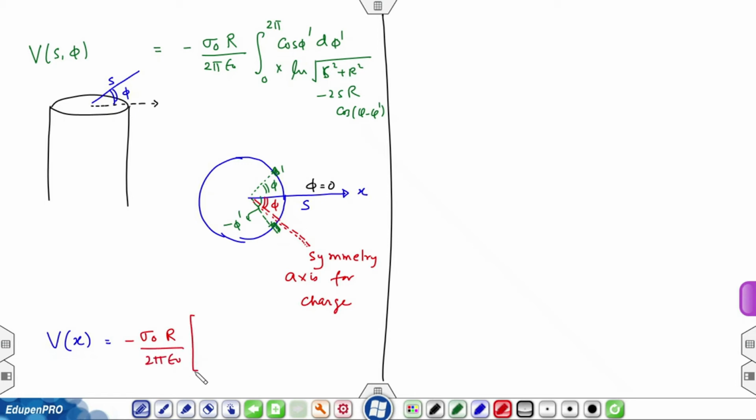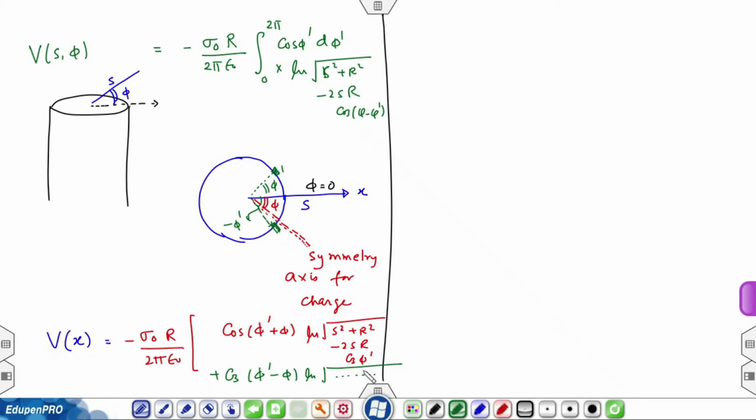Upper strip is going to have a charge cosine of phi prime plus phi, and the distance, since phi is 0, is going to be log of square root of s square plus r square minus 2 s r cosine phi prime. And for the lower strip, I am going to have plus cosine of phi prime minus phi log of square root of the distance is going to be the same. So, I will just leave it as this.